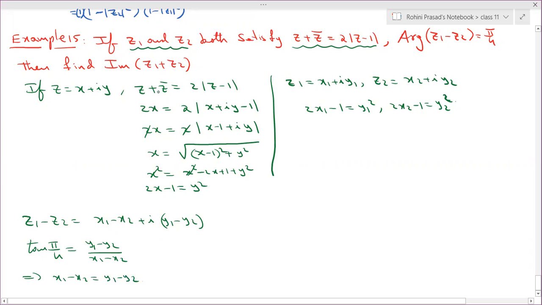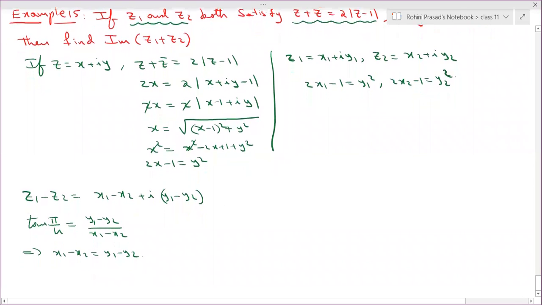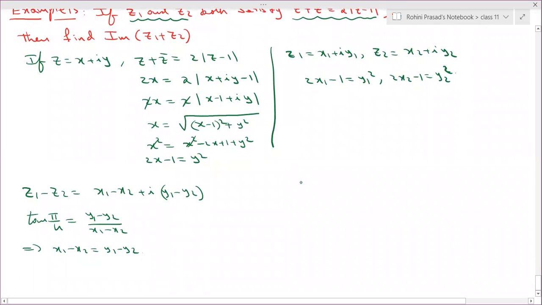The question asked is the imaginary part of z1 plus z2. So what is the meaning of the imaginary part of Z1 plus Z2? That also we need to find out and then keep it aside. Z1 plus Z2 imaginary part is the same thing with a plus between them, and the imaginary part is y1 plus y2 equal to what?